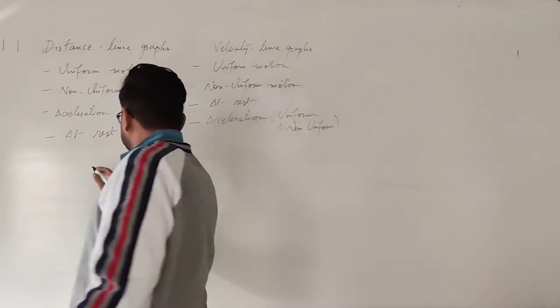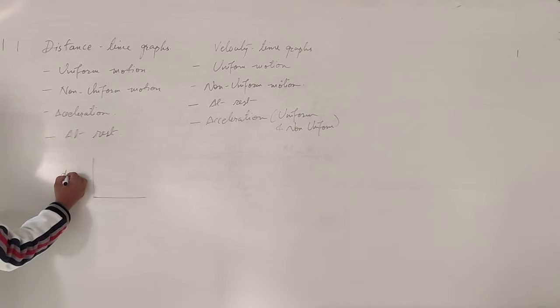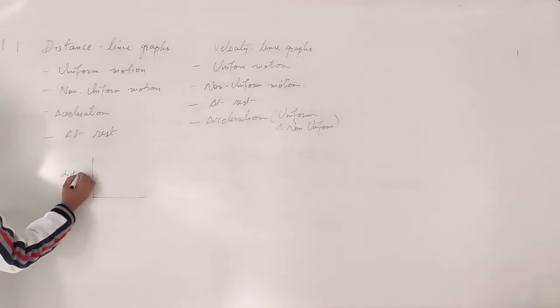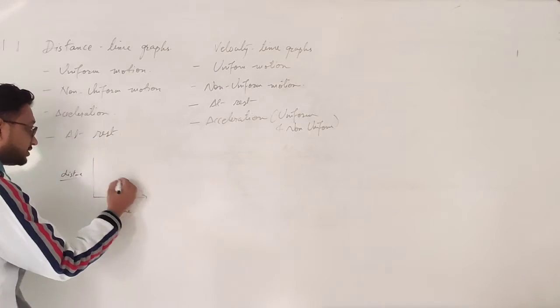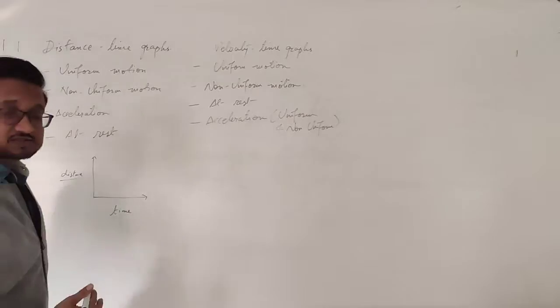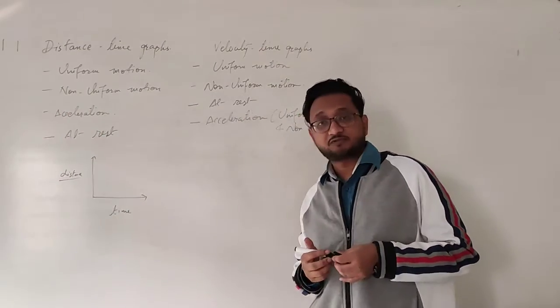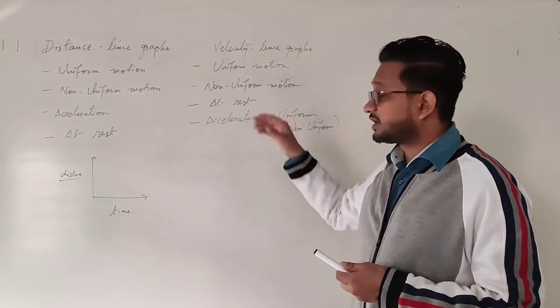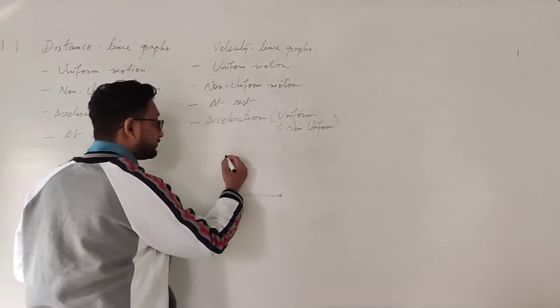On the y-axis we are taking distance or displacement, and on the x-axis we are taking time, which indicates how the distance or displacement of an object changes as the time increases. And for velocity time graphs, we will be having velocity instead of distance.